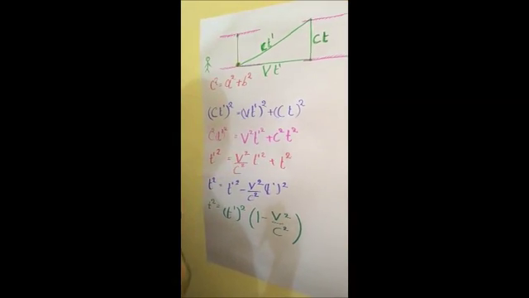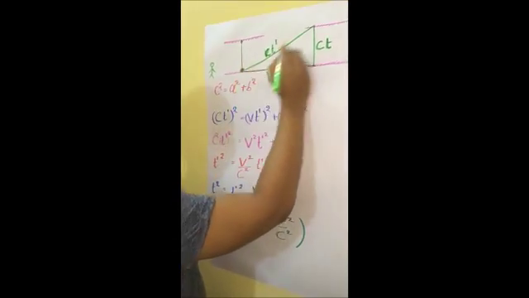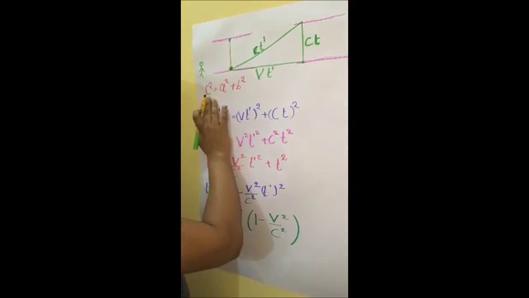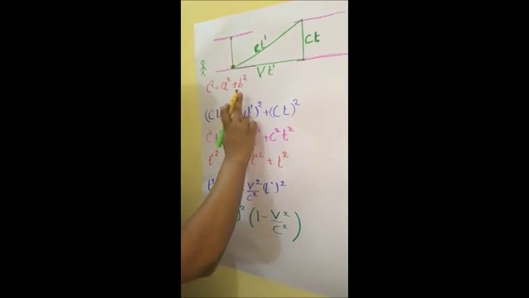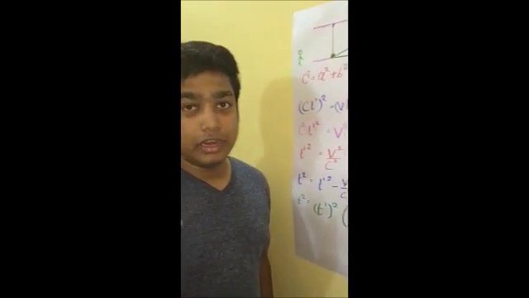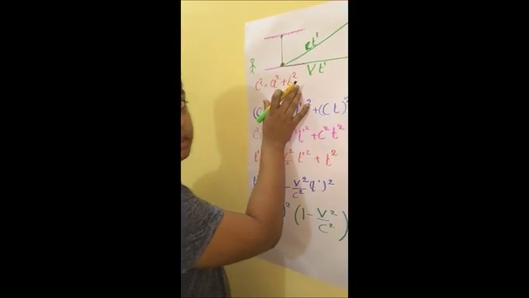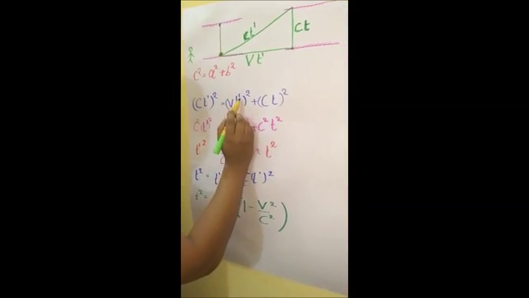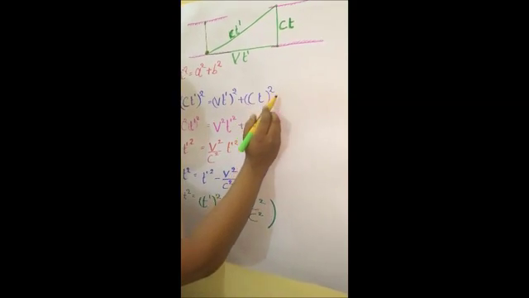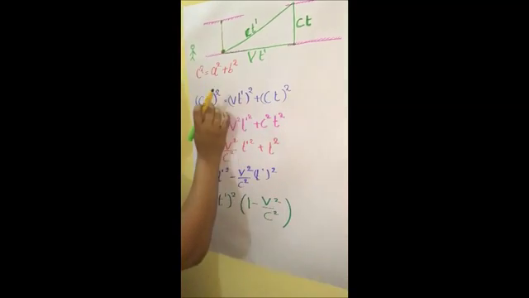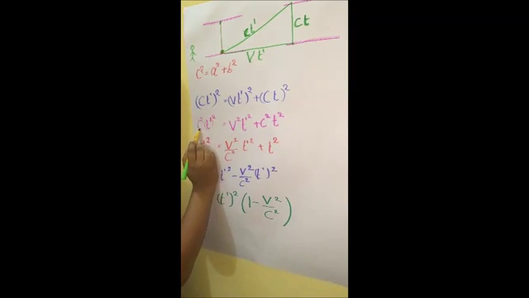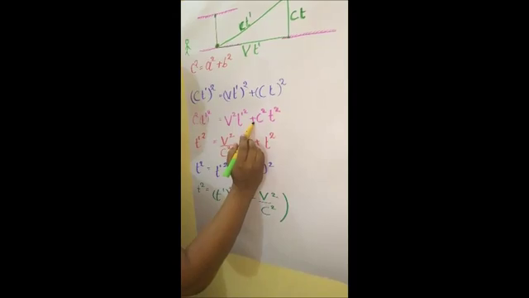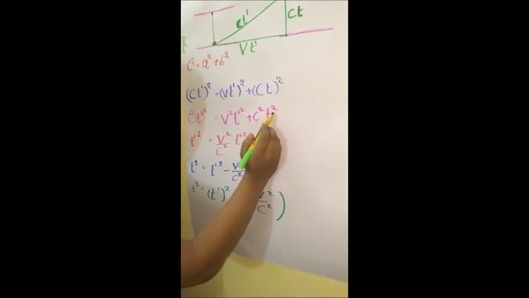So here it becomes a right angle triangle, and we know that in a right angle triangle, c square equals a square plus b square. By the Pythagoras theorem, it will be c square t prime square equals v square t prime square plus c square t square.